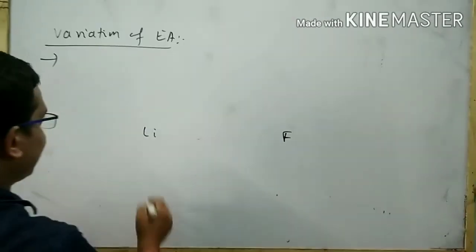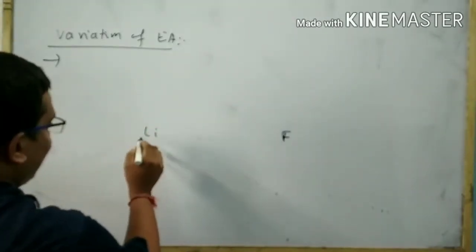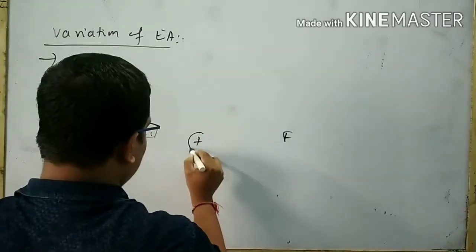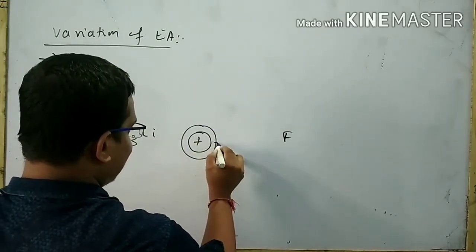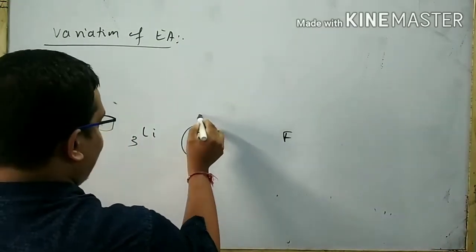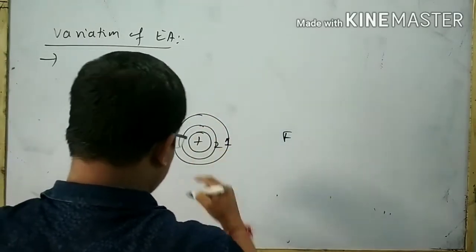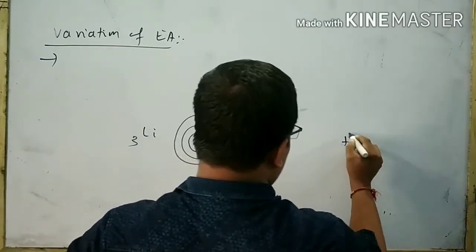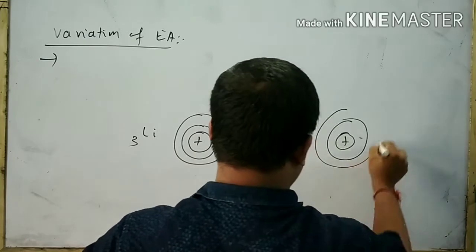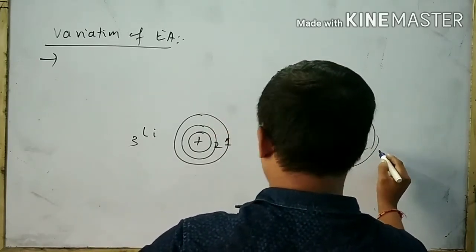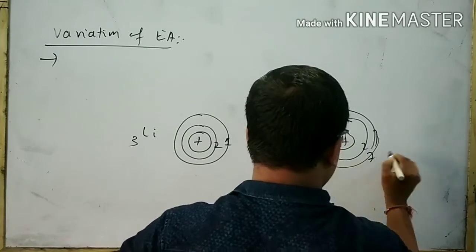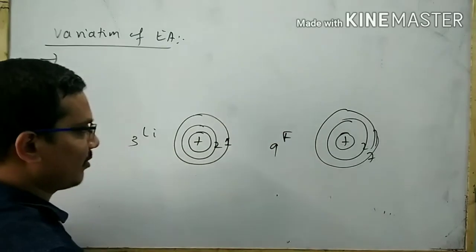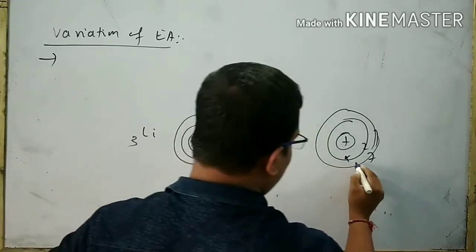We know that lithium has atomic number 3. Its electronic configuration is K shell having 2 electrons and L shell having 1 electron. Fluorine has atomic number 9. The configuration is 2, 7: K shell having 2 electrons, L shell having 7 electrons.